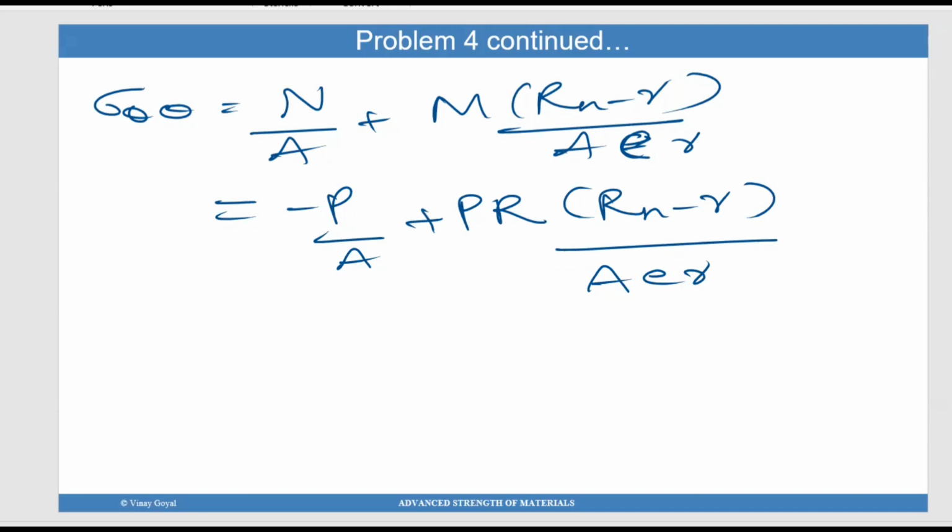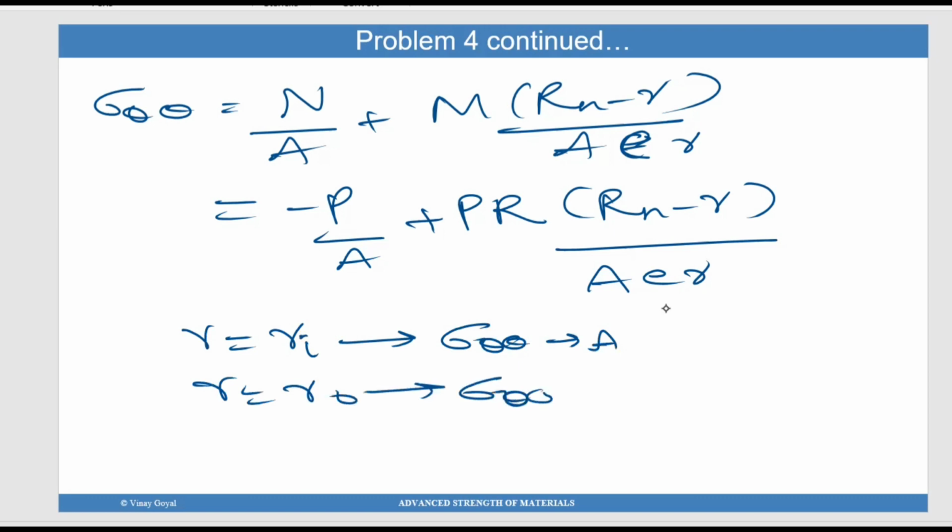Actually, I haven't calculated sigma theta theta. Now substitute the values, you should get an expression for sigma theta theta. Set r equals ri, you should get sigma theta theta at A. And substitute r equals r naught, you should get sigma theta theta at B.